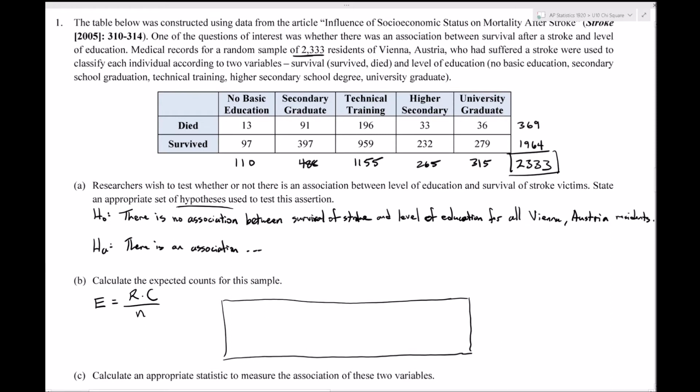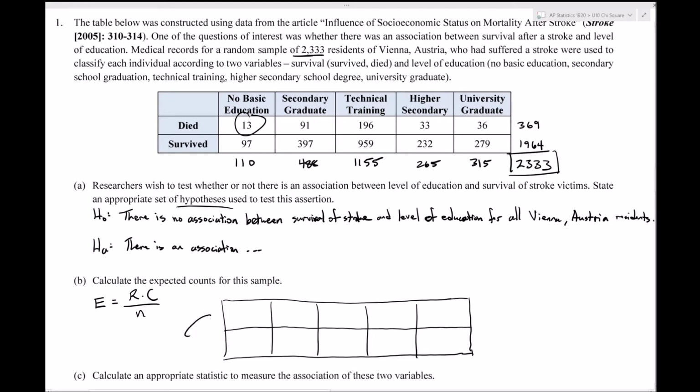See if I can do this okay. So 1, 2, 3, 4, 5. That doesn't look too bad. Then I'll go ahead and fill these in. I'll fill in the first one. For the very first one, where the 13 is, no basic education, and they passed away from that stroke, you're going to multiply the 110 by the 369 and divide that by the sample size, 2333.